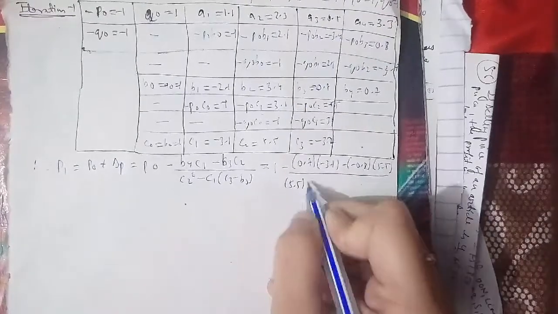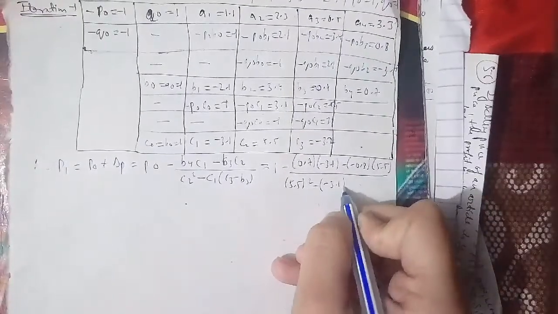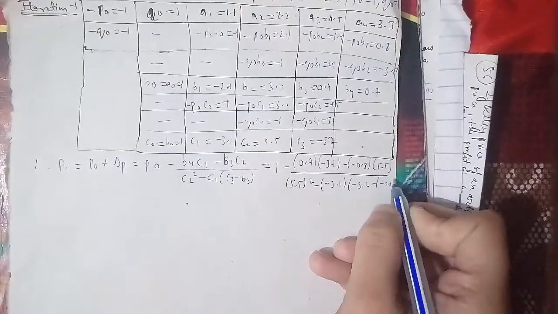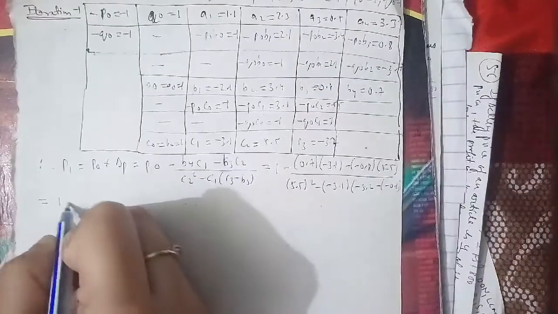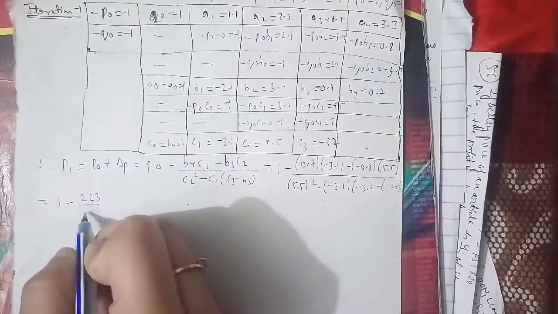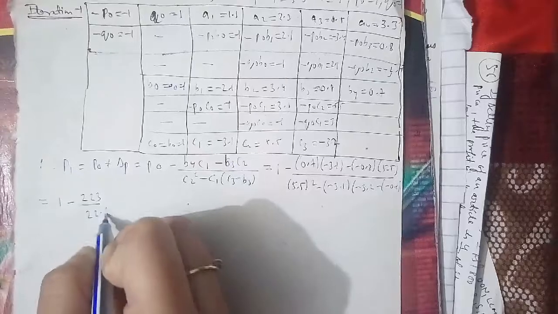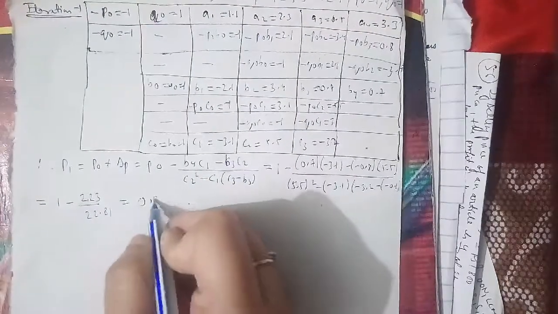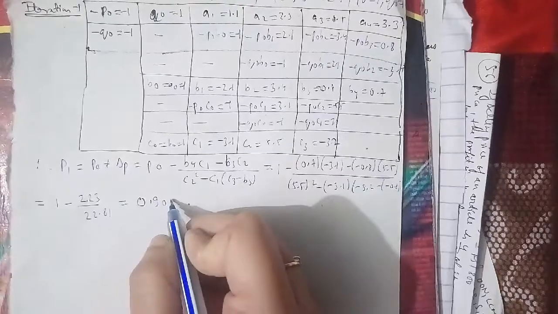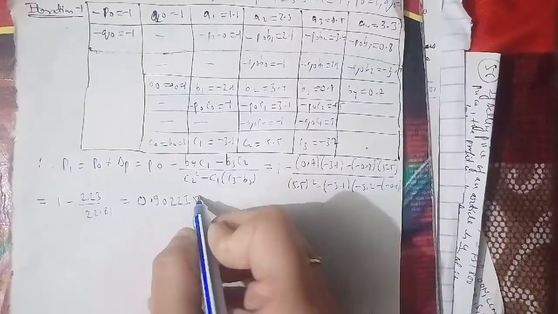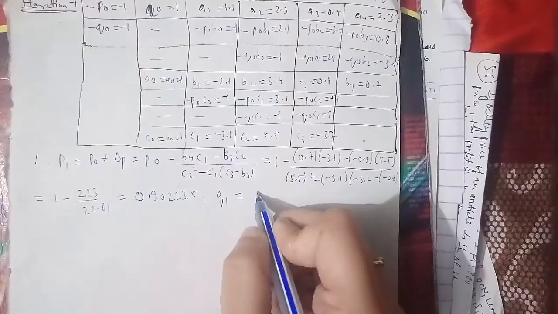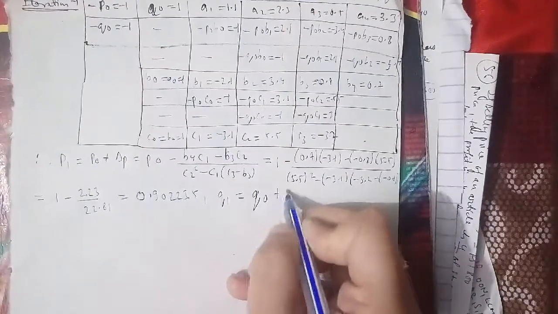22.81, which is equal to 0.902235. For Q1, that is equal to Q0 plus delta Q. So that is equal to Q0 minus B3 C3 minus B4 C2 upon C2 square minus C1 C3 minus B3.